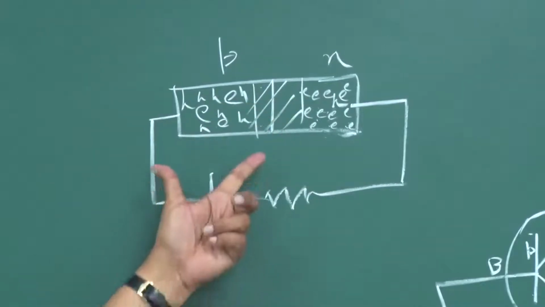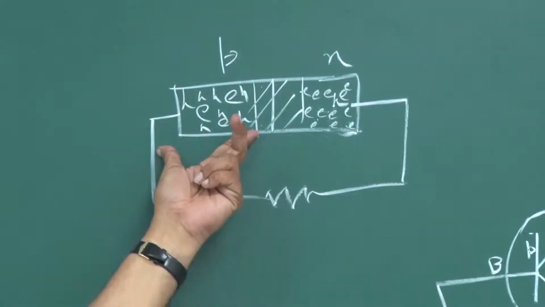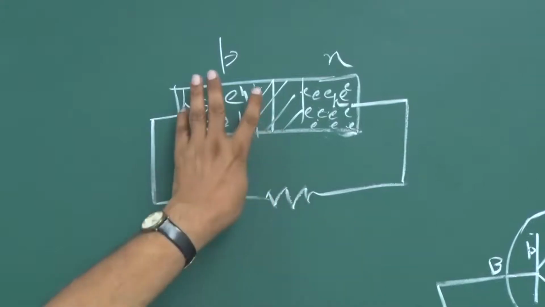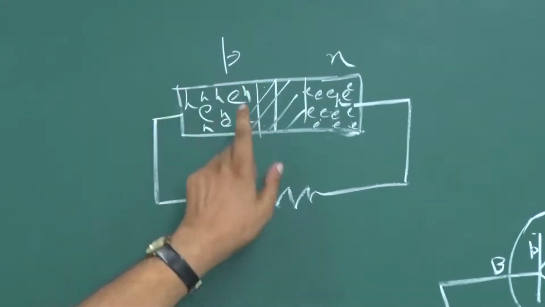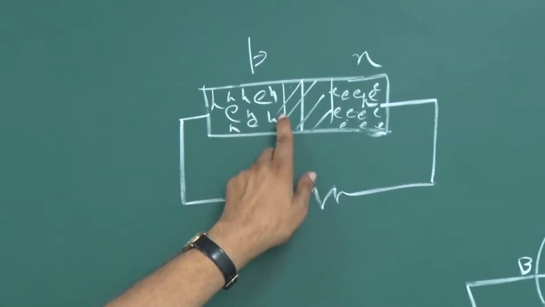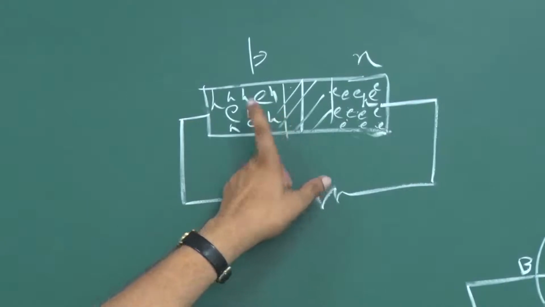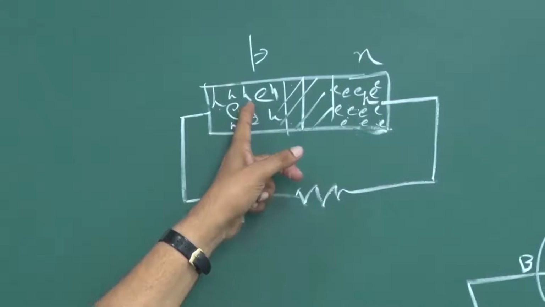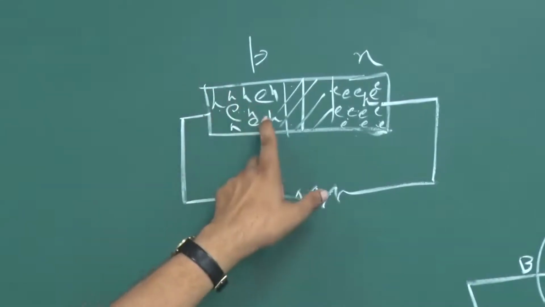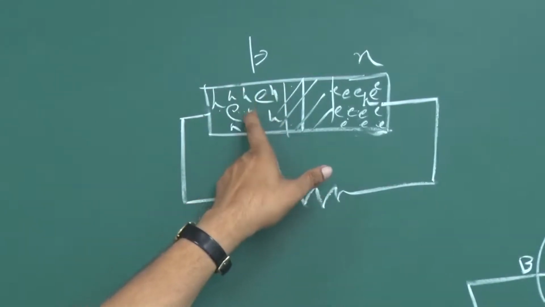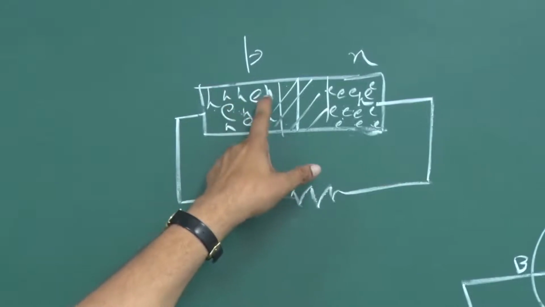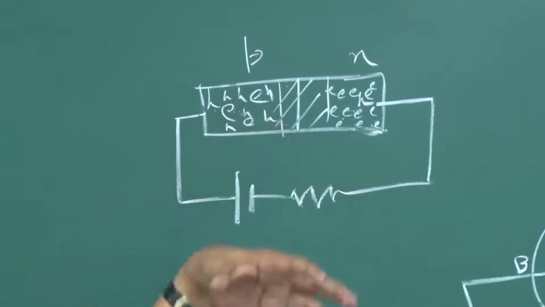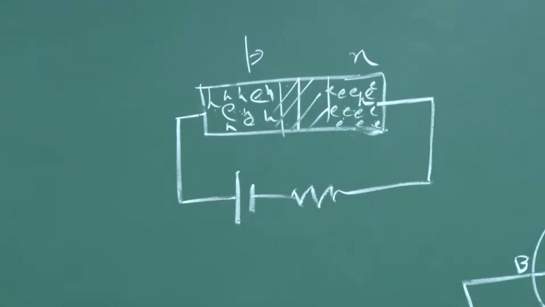So, if this length is sufficient, if the electrons take considerable time traveling from this to this, in between many of them will recombine with the holes here, and that electron hole pair will vanish.